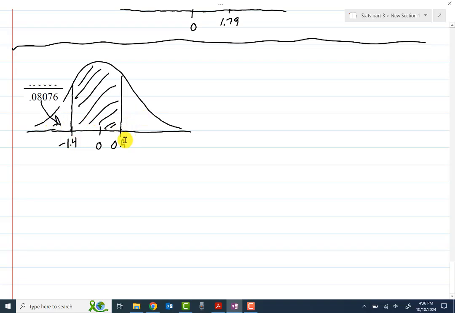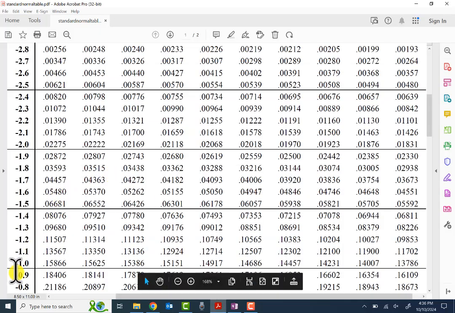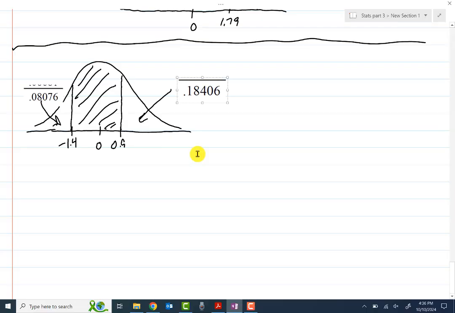This area here, now remember our symmetry. I can actually go on the table and look up negative 0.9 to give me this area inside of here. So that's what I'm going to do, negative 0.9. Negative 0.9 is right here. So the area that's left in between here, I'm going to take 1 minus 0.08076 minus 0.18406.